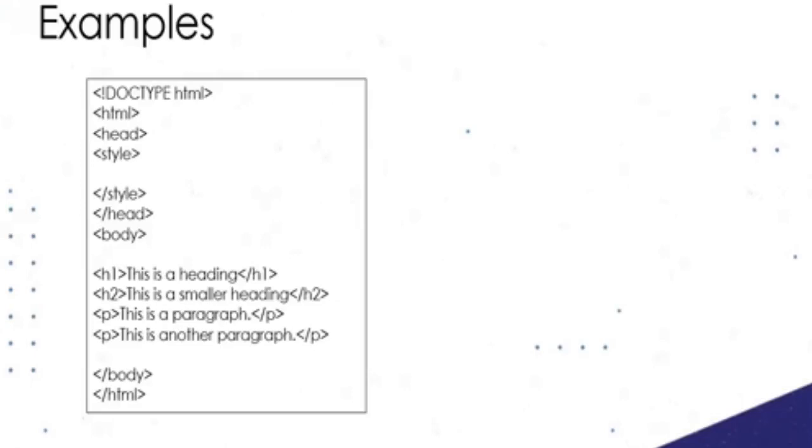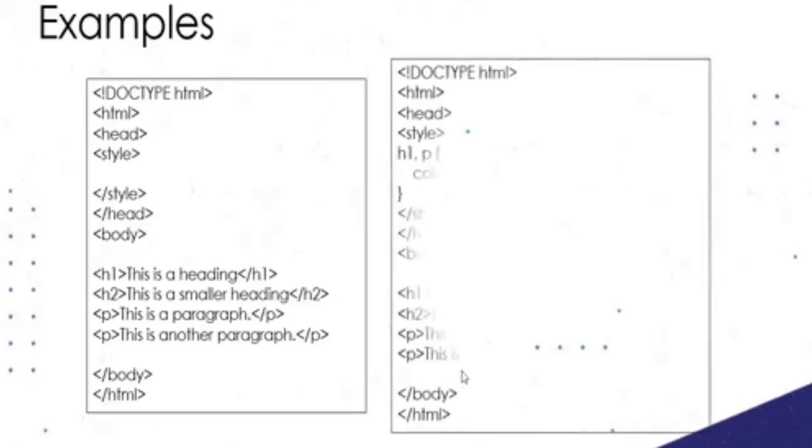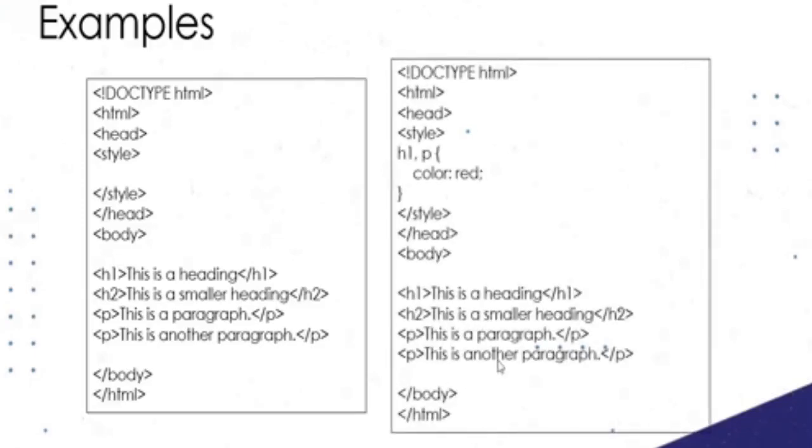With a comma separately, we can have even different tags together, H1 and P. If two different types of tags need to have the same particular style, we can write it like this. H1 comma P, color red.